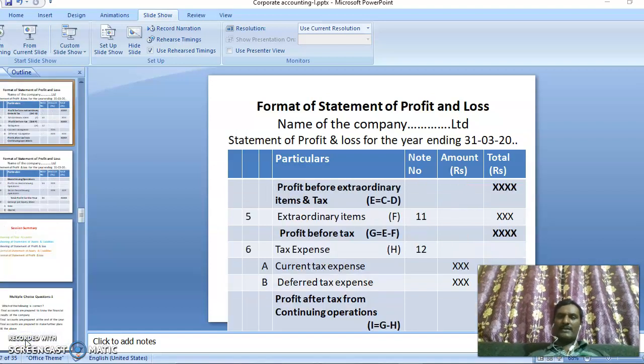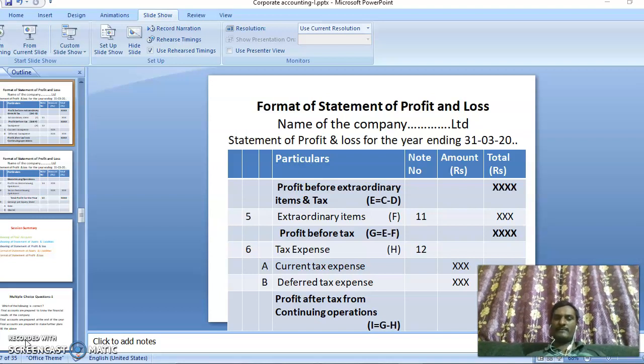Then we will get profit before extraordinary items and tax. Then that is to be quoted like this: E is equal to C minus D. Then after this we have to deduct extraordinary items, if any, and then we will get profit before tax.